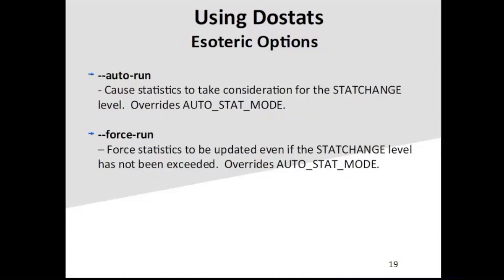They never get stale, basically. And then on the days in between, we run without force run, which is the equivalent of running with --auto run, so that only tables that are really active and have exceeded their stat change will get updated again. Okay, so that's how you do that.